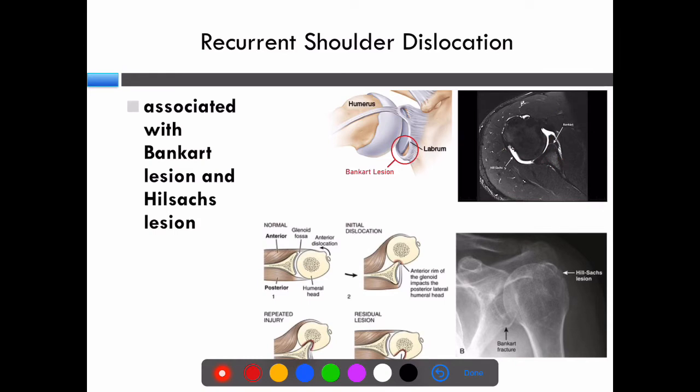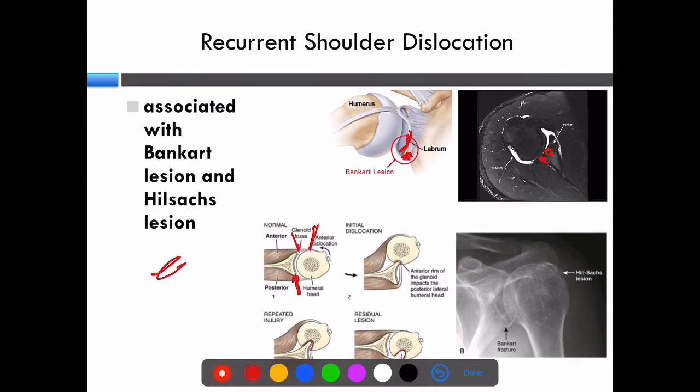So, what do we do in the operation? We enter the joint arthroscopically with a camera and cannulas. We repair this labrum to the bone, to the glenoid. We insert some anchors here.